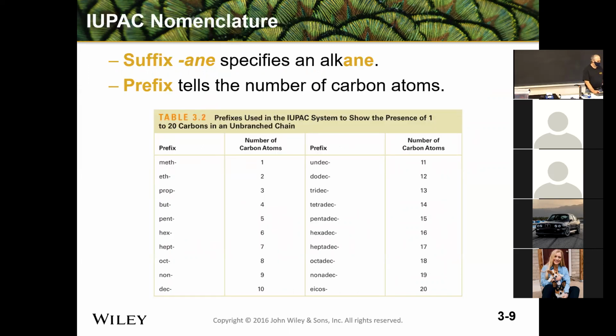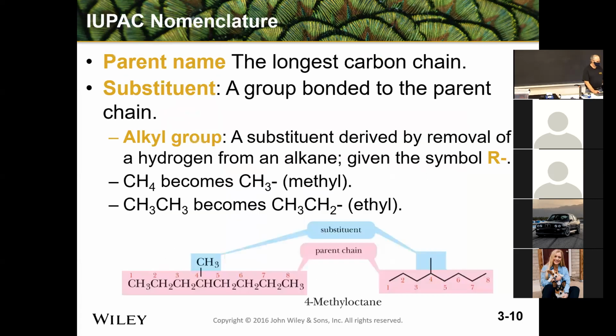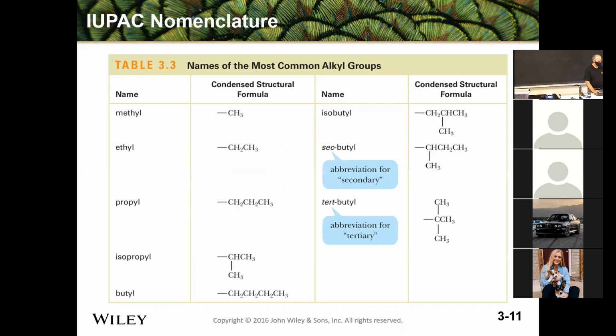These are the substituent prefixes. The longest chain is called the parent, or the main chain, and then branches off the main chain are substituents. Make sure that you know and are able to identify all of these substituents.